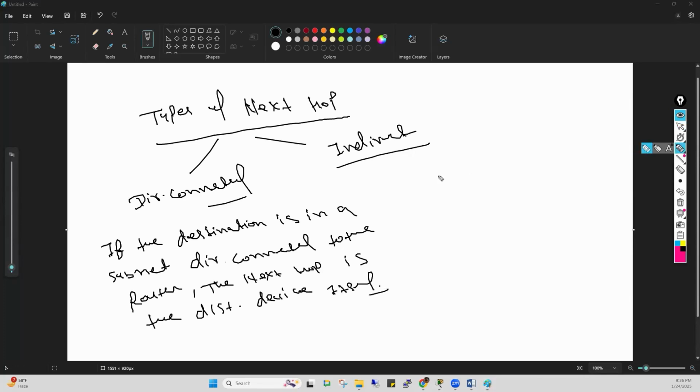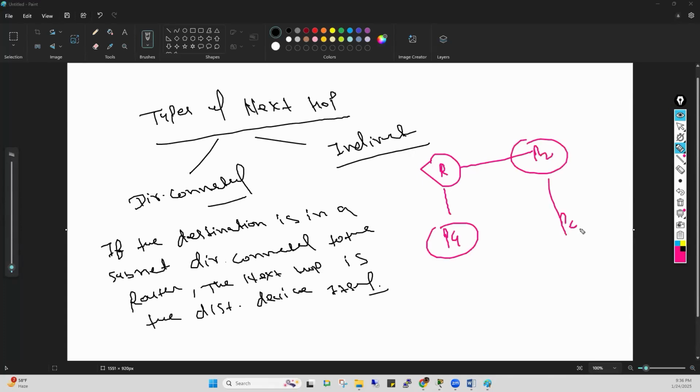For example, router 1, router 2, PC1, PC2.